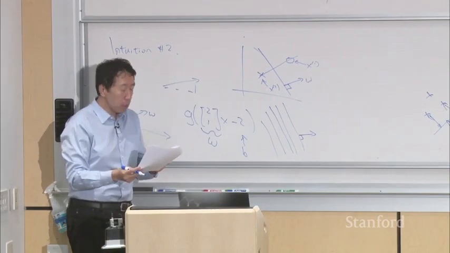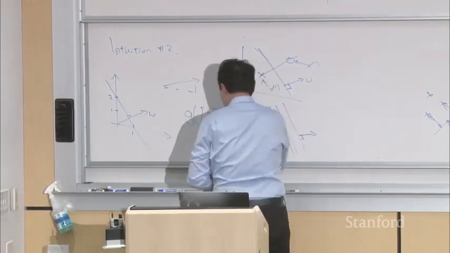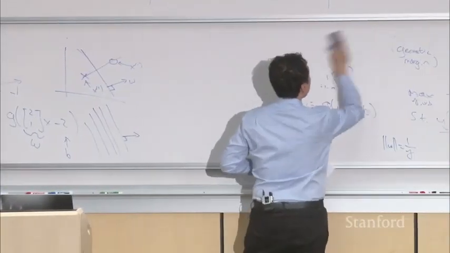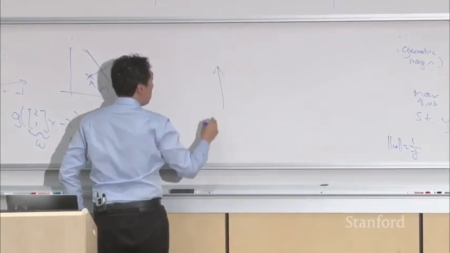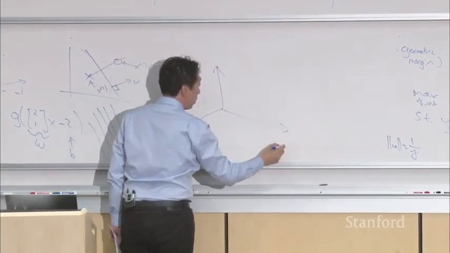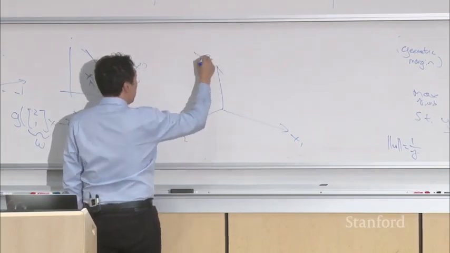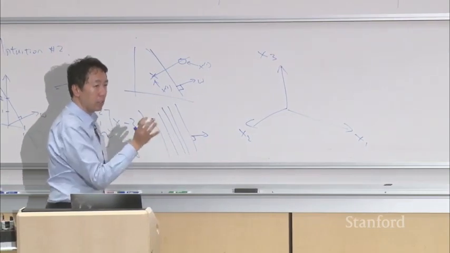And just one last example for why this might be true. We're going to be working in very, very high dimensional feature spaces. For this example, let's say you have 3 features, x1, x2, x3. Later we'll get to where this is like 100 trillion.